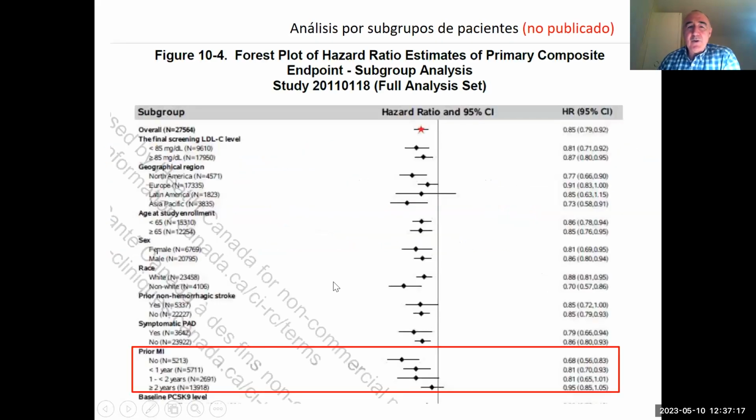If you take a look at the results according to subgroups, you can also see that in patients with prior myocardial infarction, the drug was not effective at all after 1 year of the myocardial infarction, which is also very inconsistent because this drug was supposed to work better in secondary prevention.